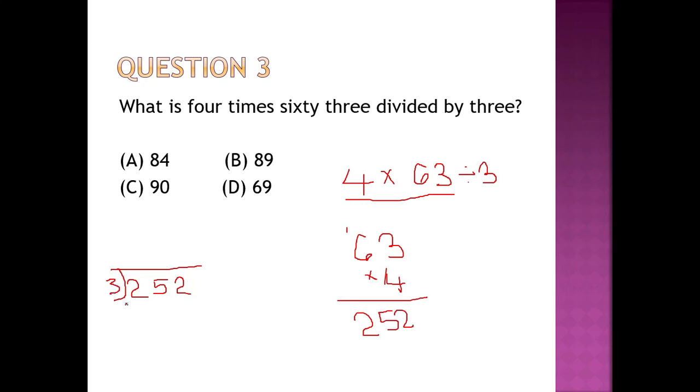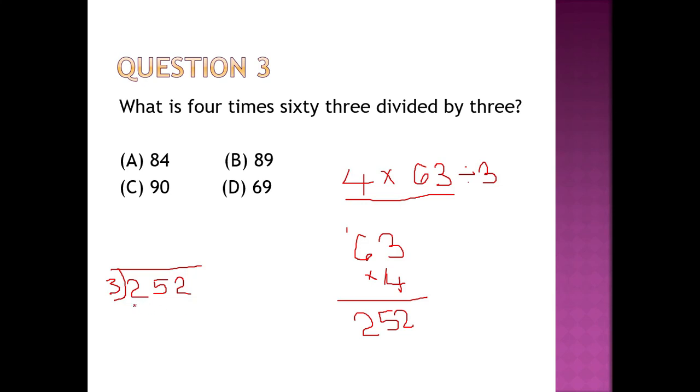All right, so we're gonna do long division. Most of us are familiar with how to do long division. This is the divisor, and this is what we're dividing up. This is the dividend. So how do we do it?